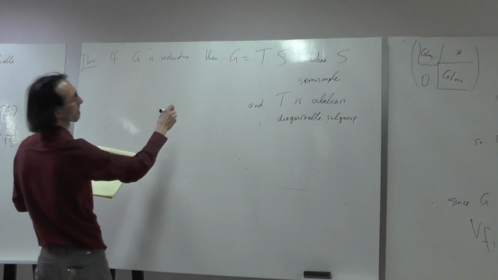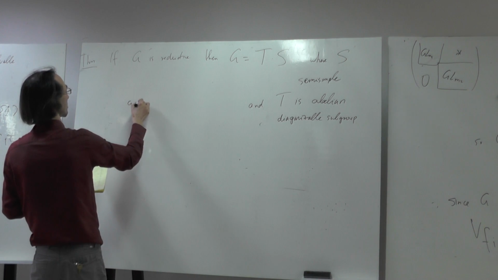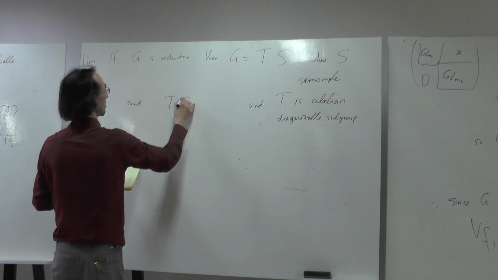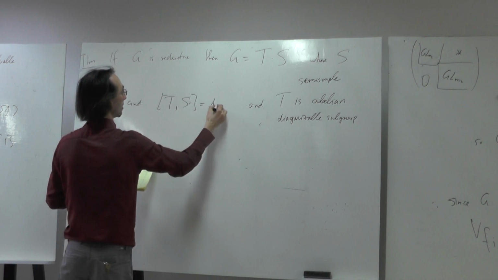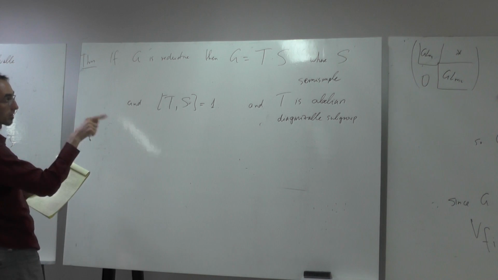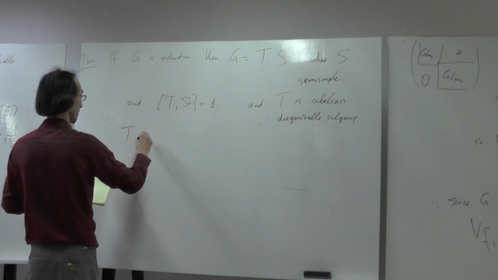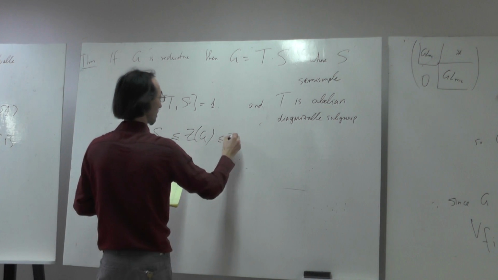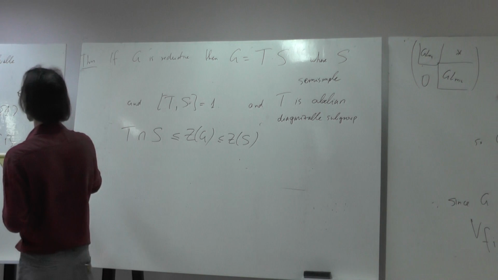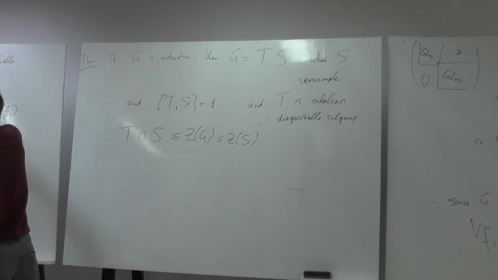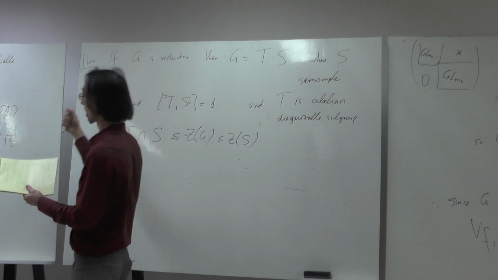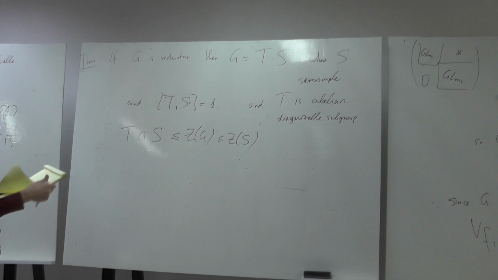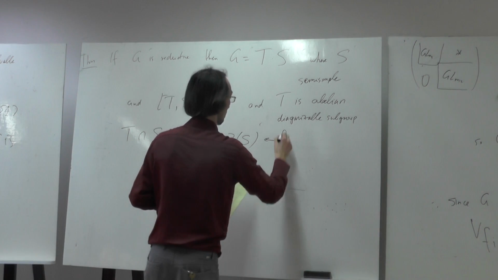And this product TS is such that T and S commute. In particular, this means that the intersection of them is finite. T intersecting S is inside the center of G, which is inside the center of S. But the center of S must be finite because the radical is 1, so it's not connected. All the normal abelian subgroups must be finite. Which is fine.